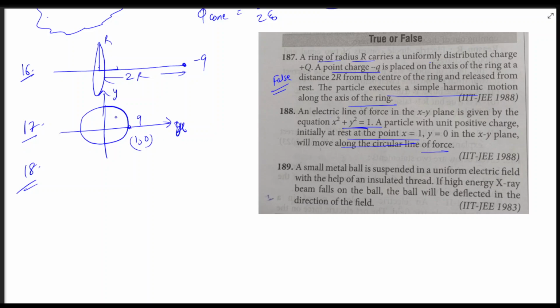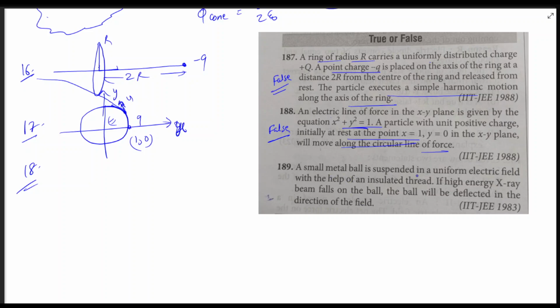No, circular line. No, of course not. Look, if it is here, the force will act in this direction, but the velocity will be here, right? So it will move like this and go like this. And to move in circular motion, we must have a centripetal acceleration. There is no force which is providing this centripetal acceleration. So this is also false, right?